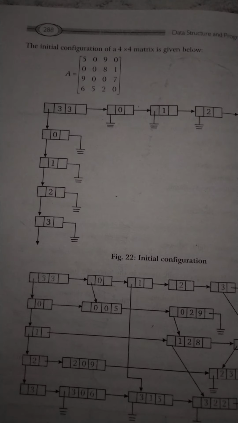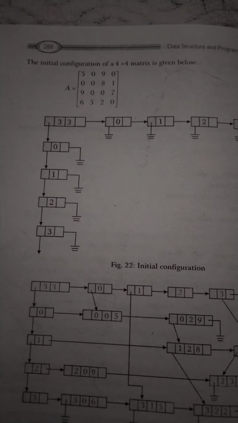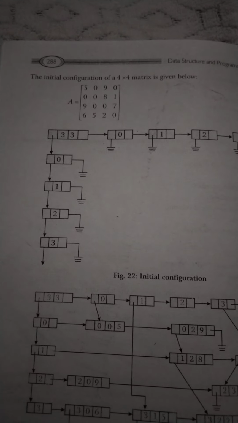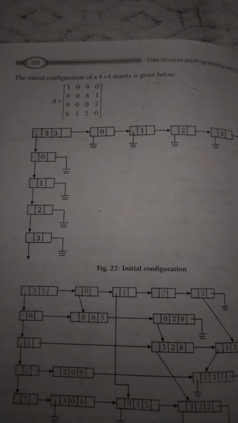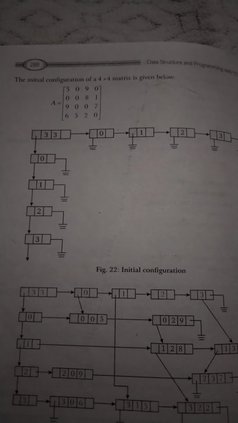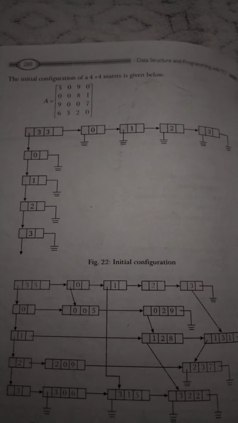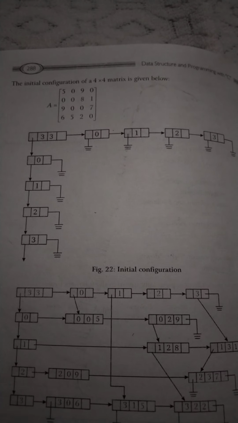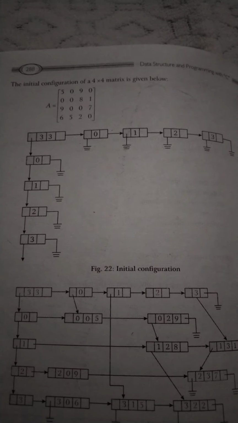Moving on to the next part. This is an example of a sparse matrix in which this is a 4 row, 4 column matrix. Here you can see the number of zeros and this is how it is represented. So 3 3 is there. This is the initial configuration in which there are three rows and 3 columns.